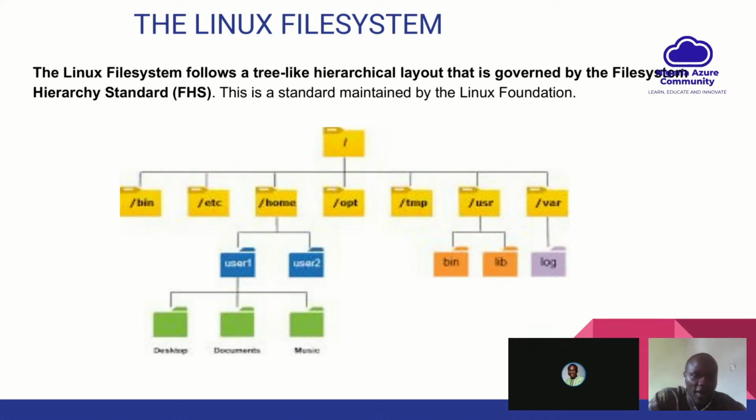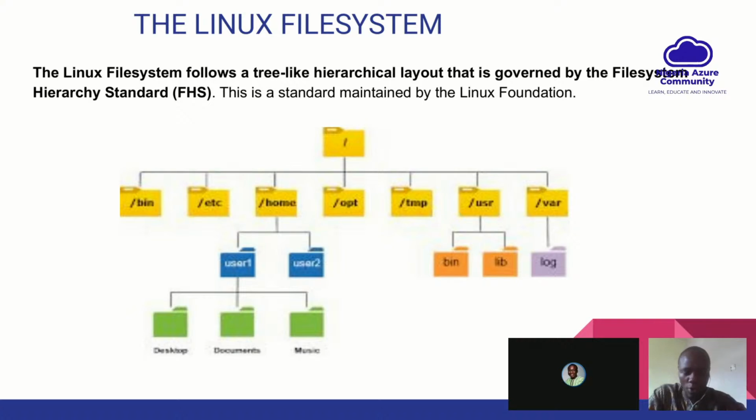Under the /home directory, we have other directories for users. So if I create several users in my Linux system, they will have their own home directory. And under each user's home directory, you will have the Desktop directory, the Documents directory, the Music directory, the Downloads directory, and what have you.